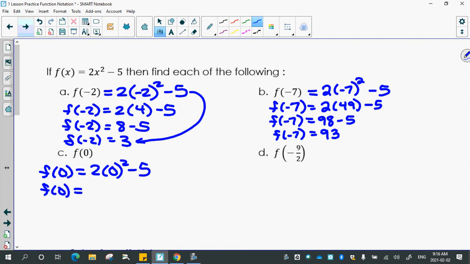Multiplying by 0 gives you 0, so it would just be -5. You get there? Okay, and then our trickiest one is a fraction. So one thing I would do is I get to choose whether I put that negative out front like that with the top number or with the bottom number. Whenever you're working with a fraction, I always put the negative with the top number.